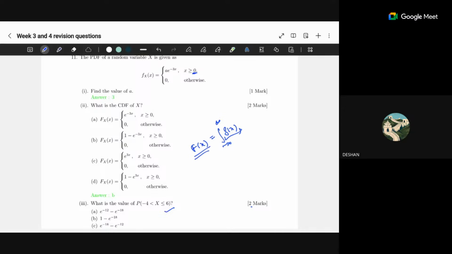CDF is basically integration from minus infinite to x of fx dx. This is my CDF. Yes, ma'am. CDF is basically the probability that x is less than small x, right? So I need to just integrate from 0 to x, not minus infinite. Okay. Just solve this and let me know if you are getting answer B.